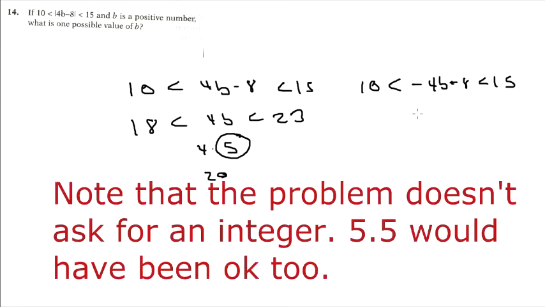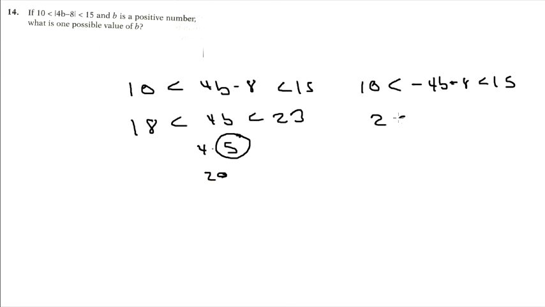But here on the other side, if we have plus 8, we're going to have 2 less than minus 4b less than 7. And let's take this and put it over there, which means then that 4b has to be somewhere between, oh, and I messed up here.